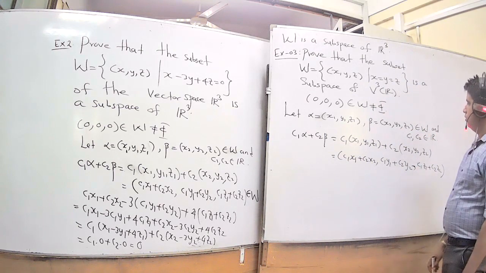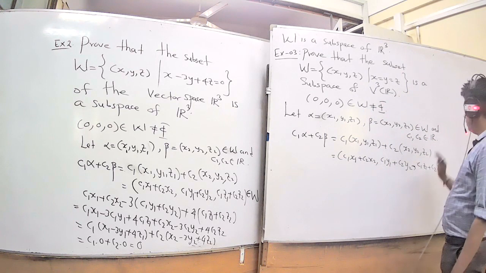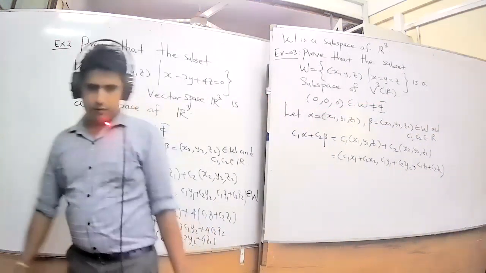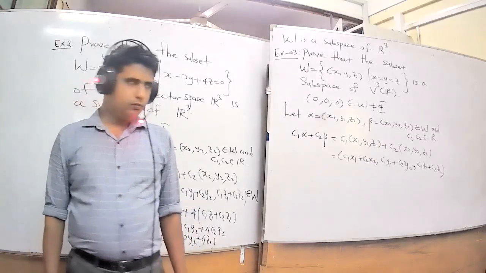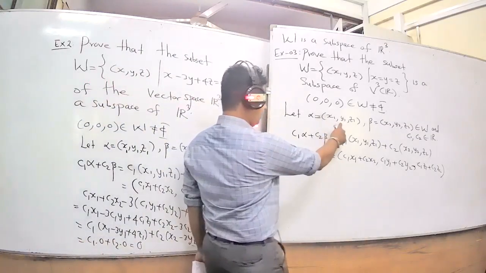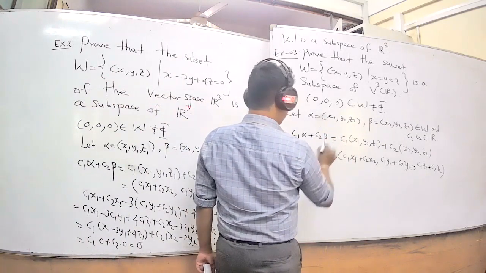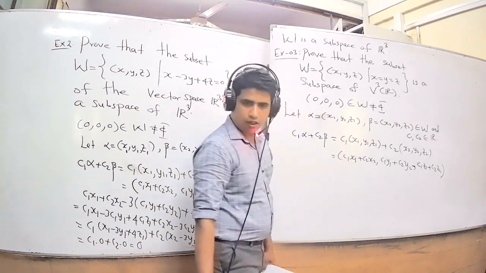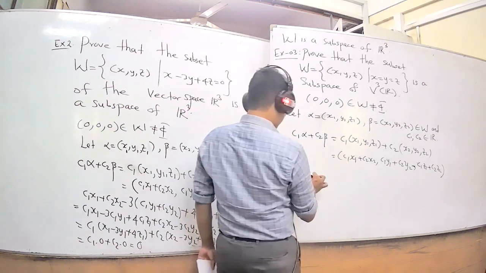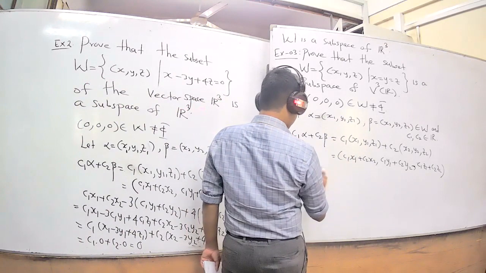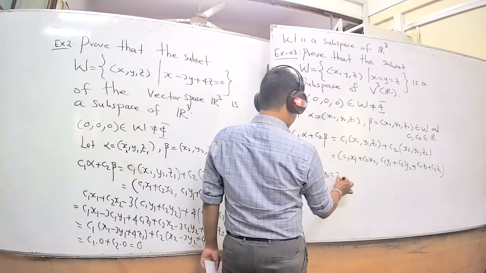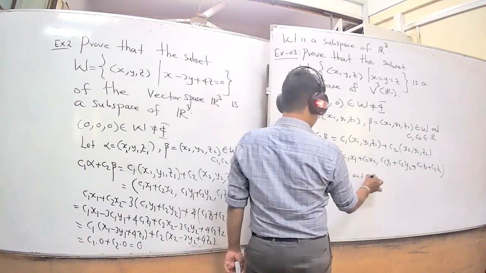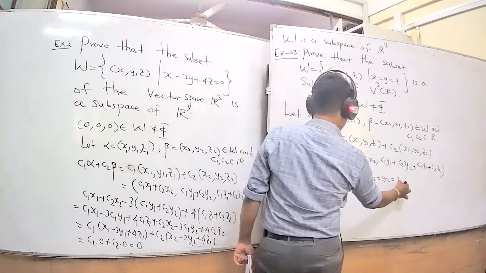Now you want to show that these three elements are equal. Since (x1, y1, z1) belongs to W and (x2, y2, z2) belongs to W, we have x1 equals y1 equals z1 and x2 equals y2 equals z2.